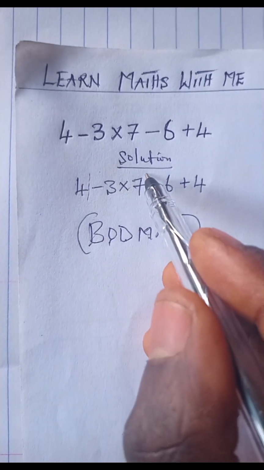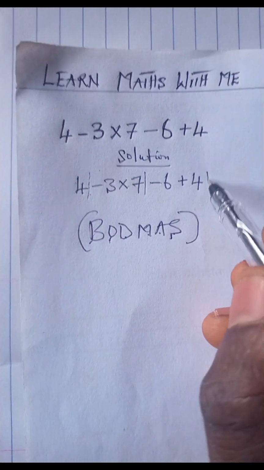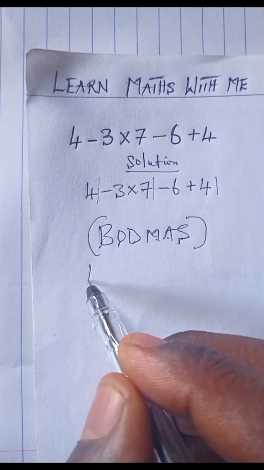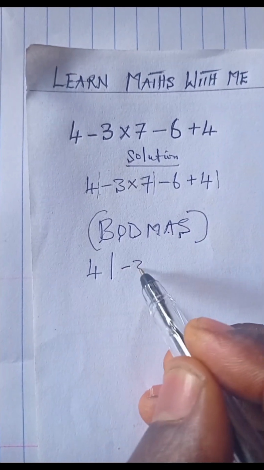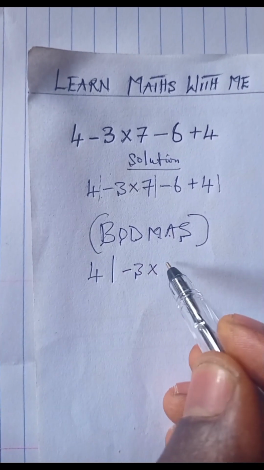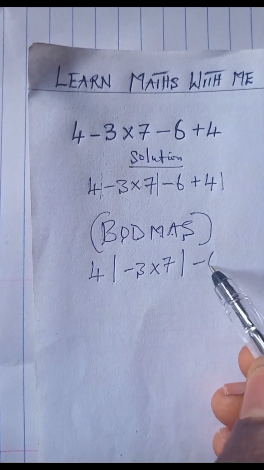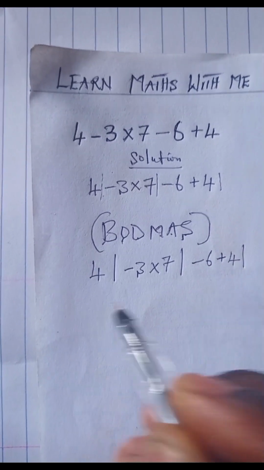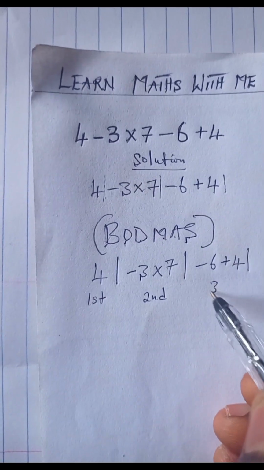This is the second part of the question, minus 3 multiply 7, and this is the third part of the question, minus 6 plus 4. So this is the first part, second part, and third part.